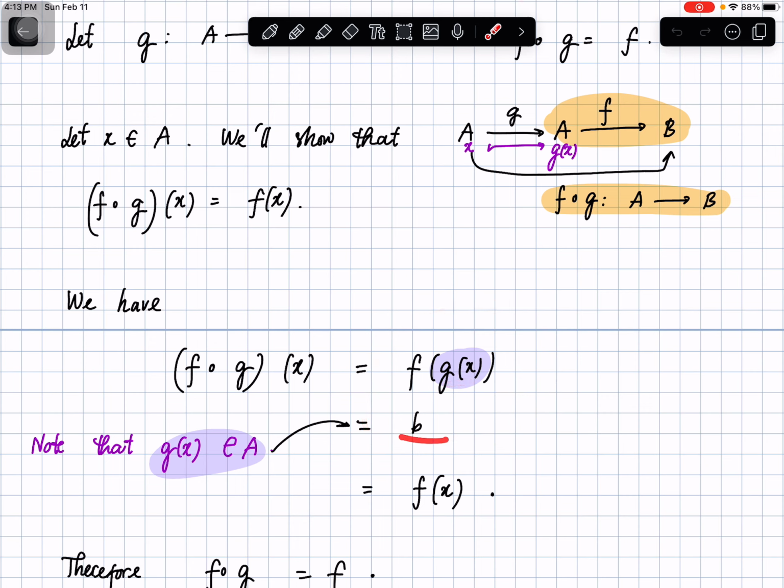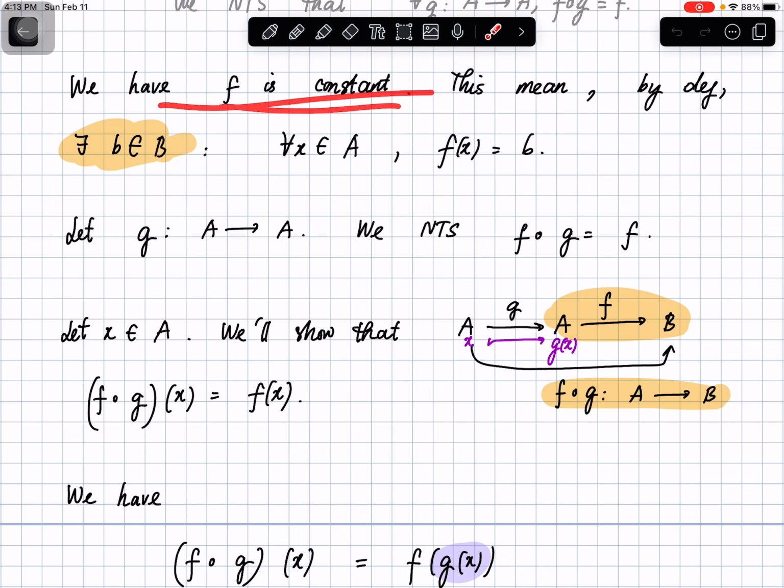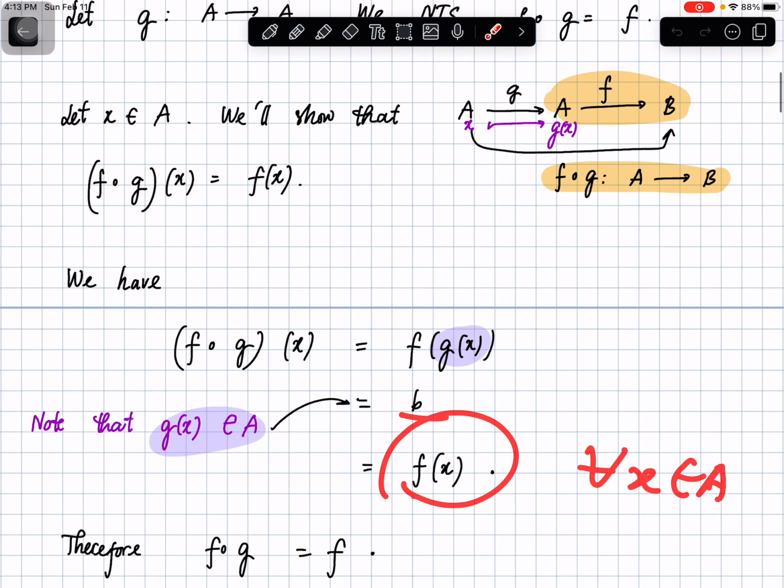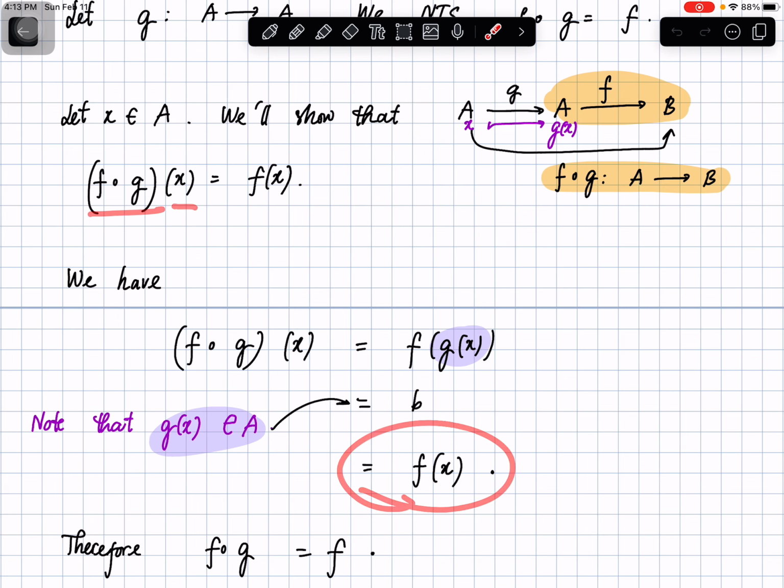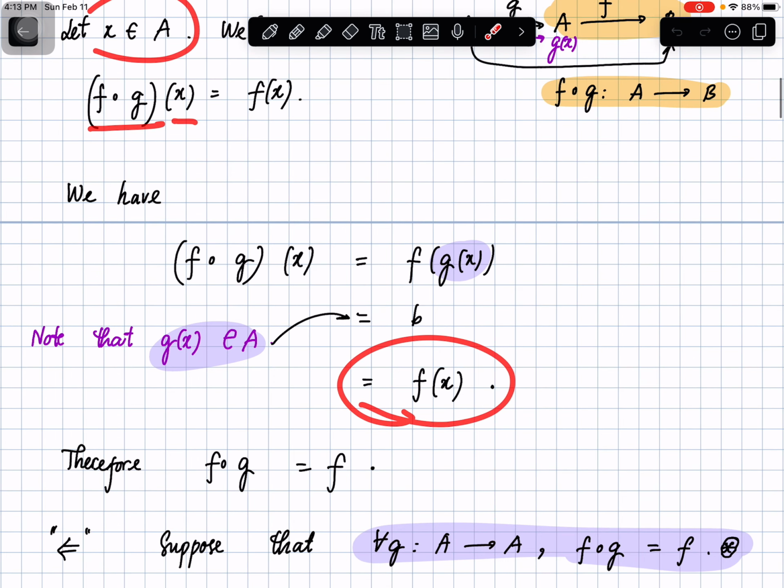Again, small b is f of x for any x in A. This is because f is a constant function, which we know from the hypothesis. Therefore, f dot g of x equals f of x for all x in A, and therefore f dot g and f, the two functions, are equal. So we finish the forward direction.